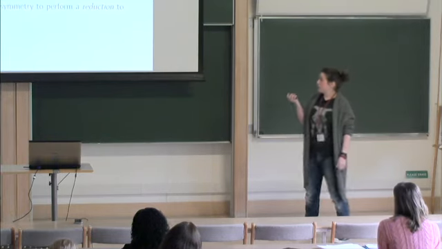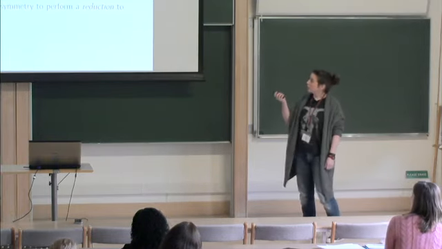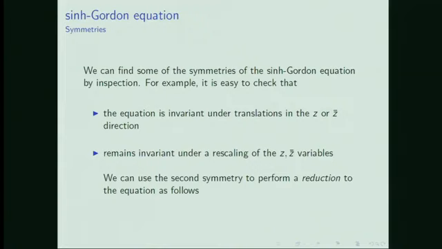I mentioned symmetries earlier. It's easy to find some symmetries just by inspection. The equation is invariant under translations in the z and z bar direction, and it also remains invariant under rescaling of the z and z bar variables.